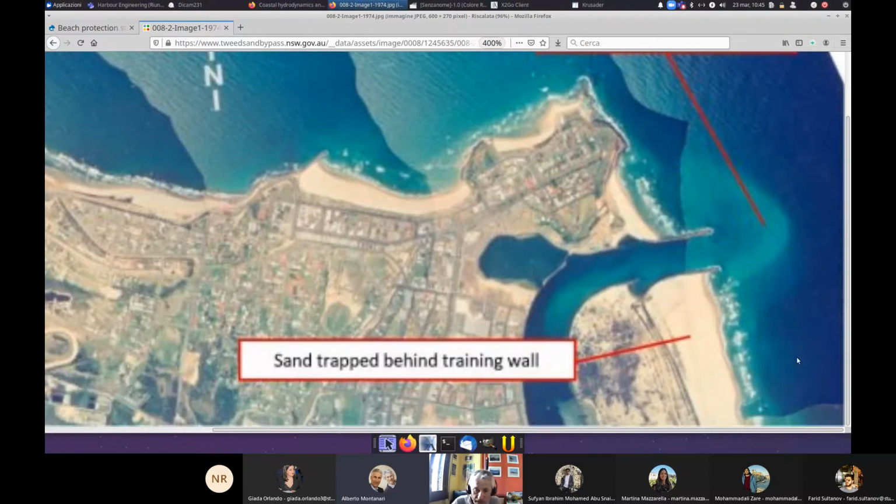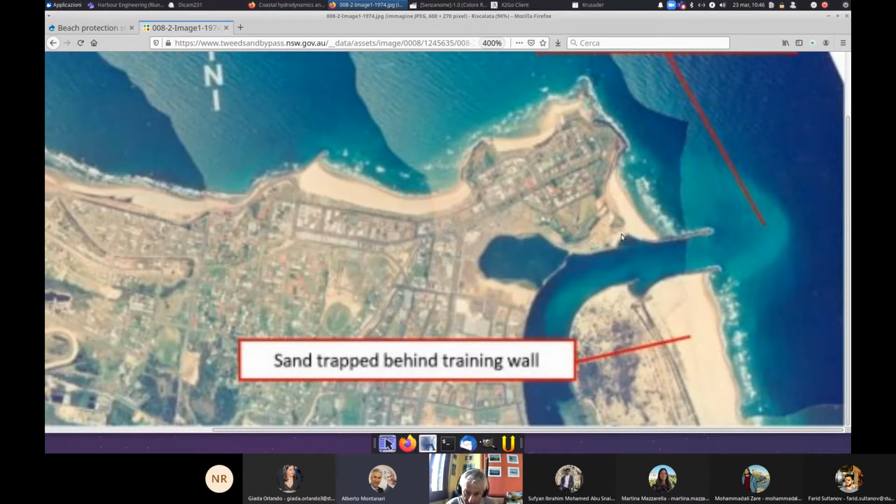In order to make sure that the boats could navigate from the harbor to the sea, they built these two seawalls, groins, and they needed to build them because otherwise the bar created along the coastline, the submerged bar, could create problems in the navigation of boats.